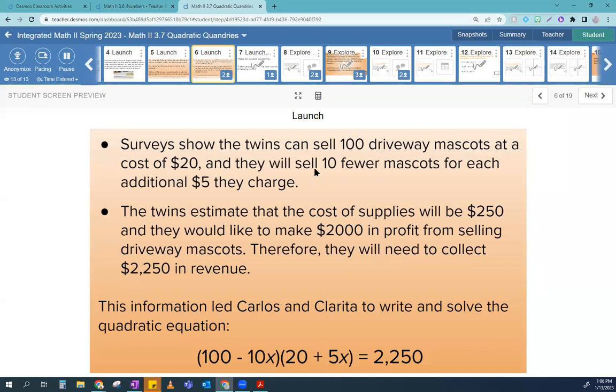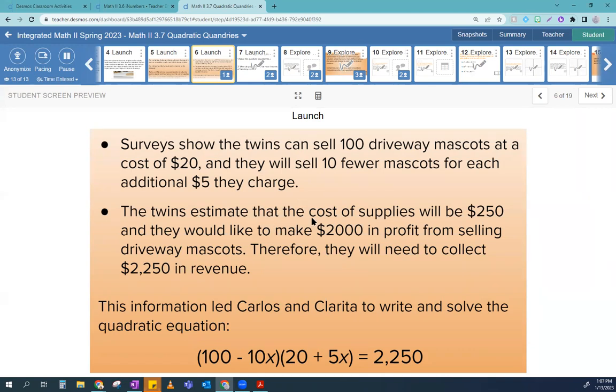They say it better here: they're going to sell 100 driveway mascots at a cost of $20, and they will sell 10 fewer mascots for each additional $5 that they charge. Remember, we talked about this a little bit, where you're willing to buy something, but if the price goes up, fewer people are willing to pay that much for it. Does that make sense?